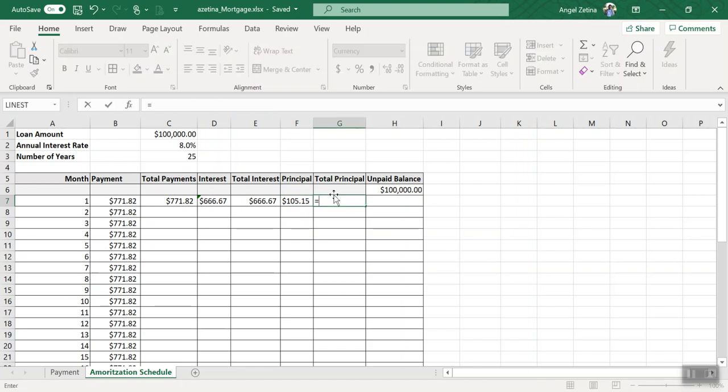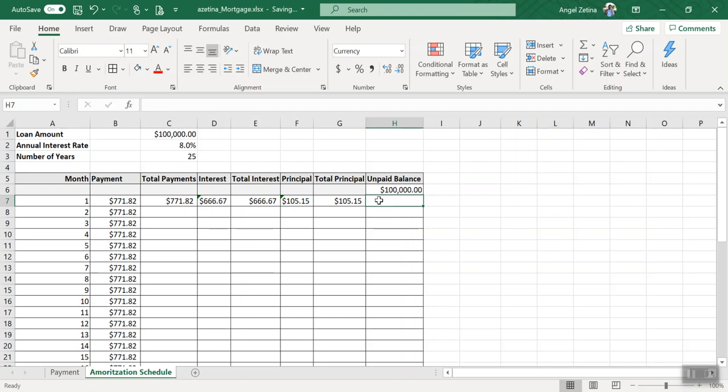So this will be equals the previous payment plus the current payment. So that's $105.15. Right, so this will be equal to now how much of my loan remains to pay, or my unpaid balance.